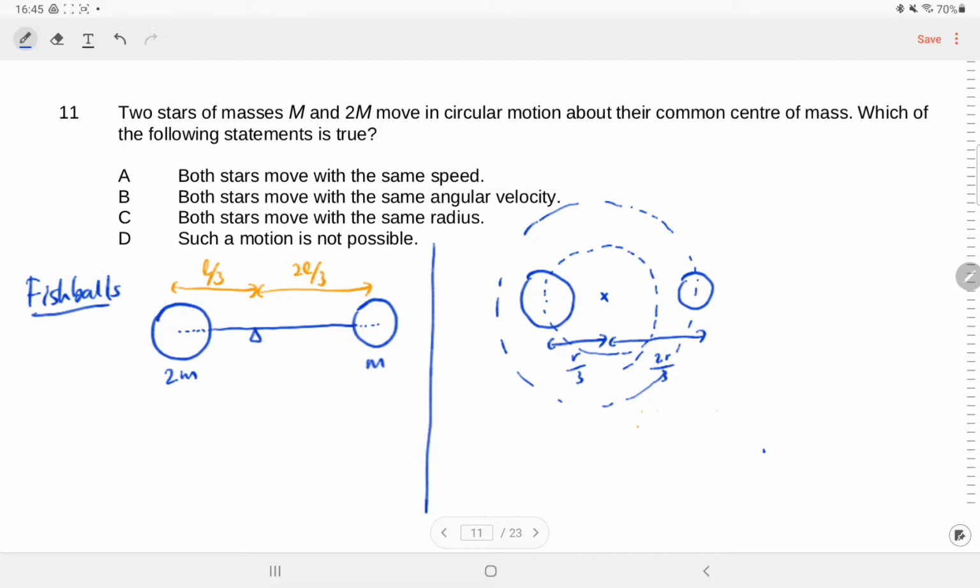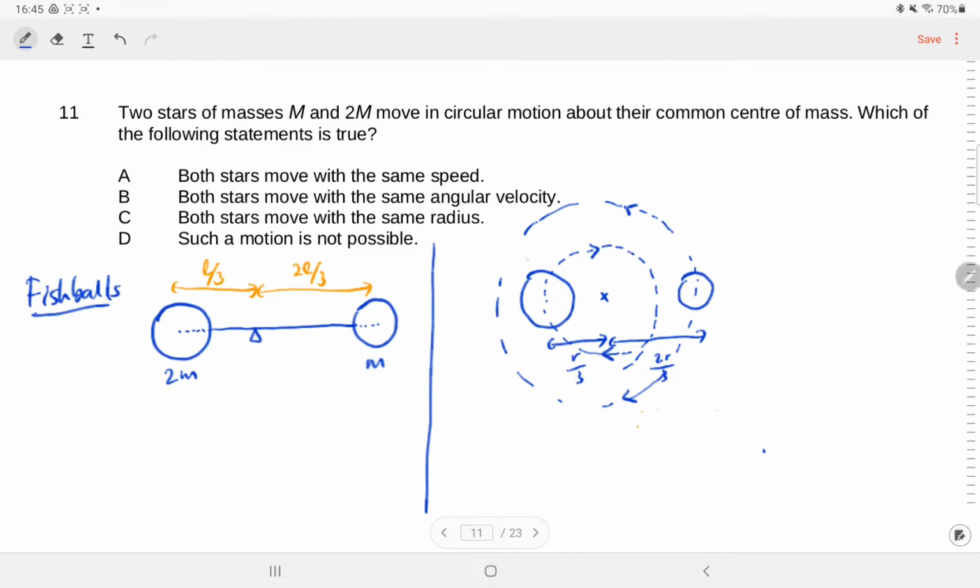The center of mass must not move. So if this guy orbits in this direction, then the other guy must orbit in this direction, so that they are always opposite each other with respect to the center of mass, which stays fixed.